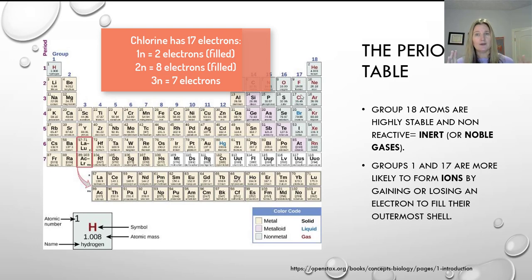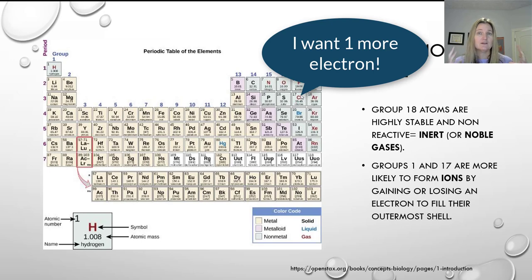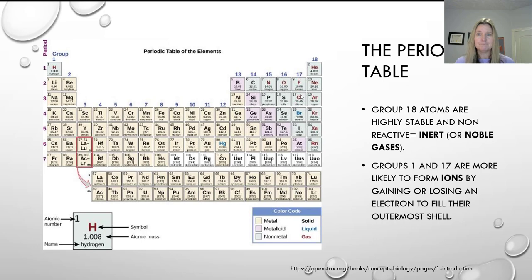And then we move out to the third shell that can have a maximum of 8, but it only has 7 that can fill it, okay? So because it only has 7 electrons, it really, really wants another electron to fill that valence shell to become more stable. So it wants to react with another atom so that it can get another electron to fill its outermost shell. Okay?